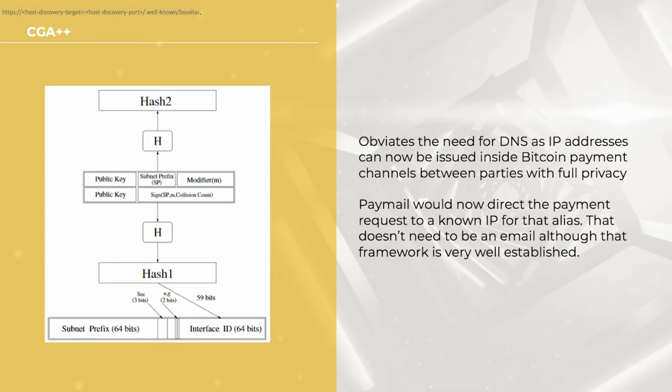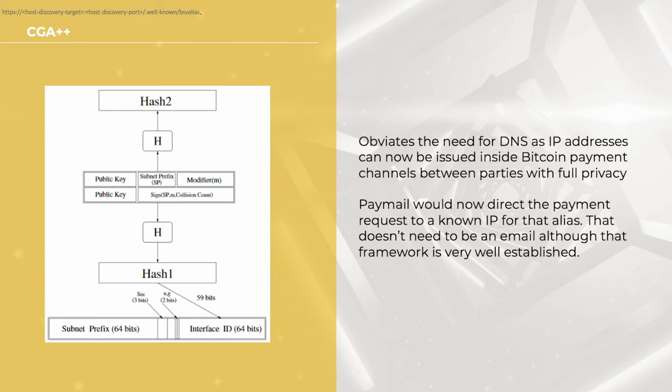So this is how that signature function works. The picture's pretty small, but there's a signature in here. And what it means is we can now issue IP addresses within Bitcoin payment channels between parties with full privacy.